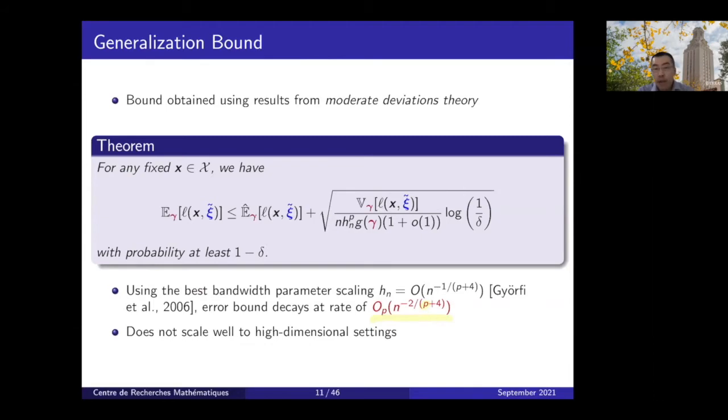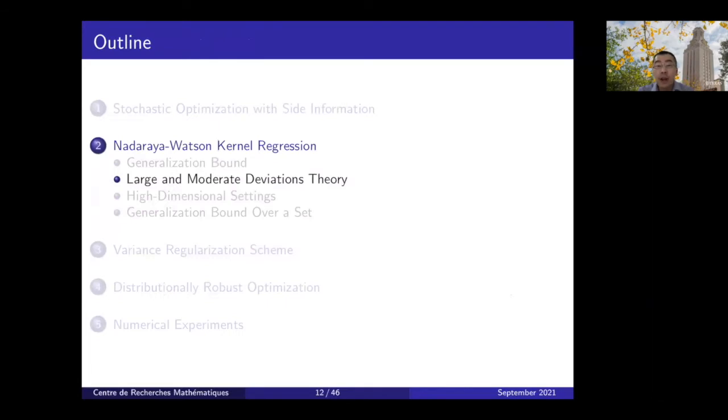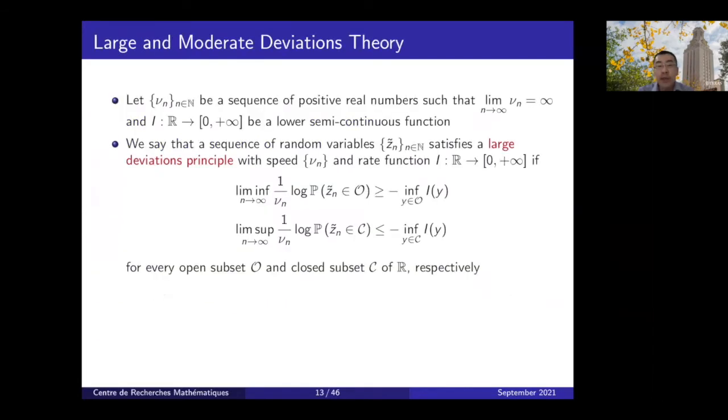But before that, I will first briefly explain how we obtain this result using large and moderate deviations theory. Let me provide a high-level overview of large deviations theory. We say that a sequence of random variables satisfies a large deviation principle with speed nu n and a rate function I if these conditions hold.